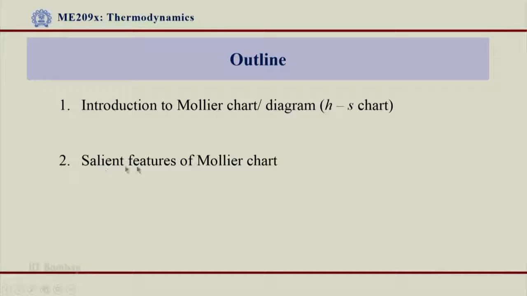We will see some salient features of this Mollier chart, and I will just show a small application of the Mollier diagram. I will also tell you one fact here, that I will not refer to this Mollier diagram all the time. It is actually useful to tell you how the process takes place: what is the state of the point when the process starts, and where does it finish.